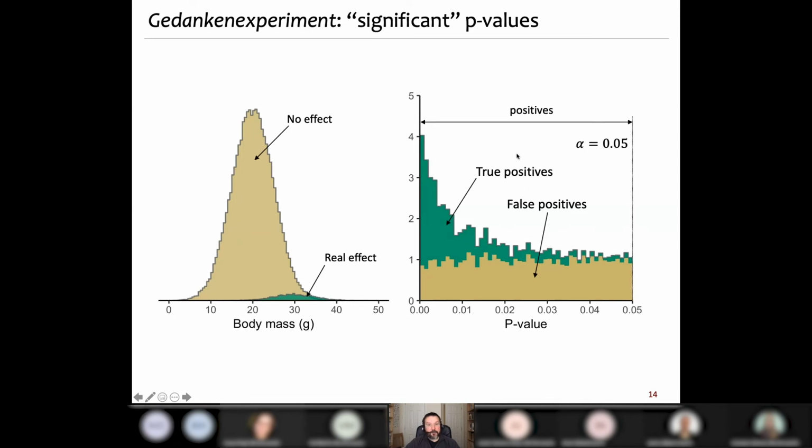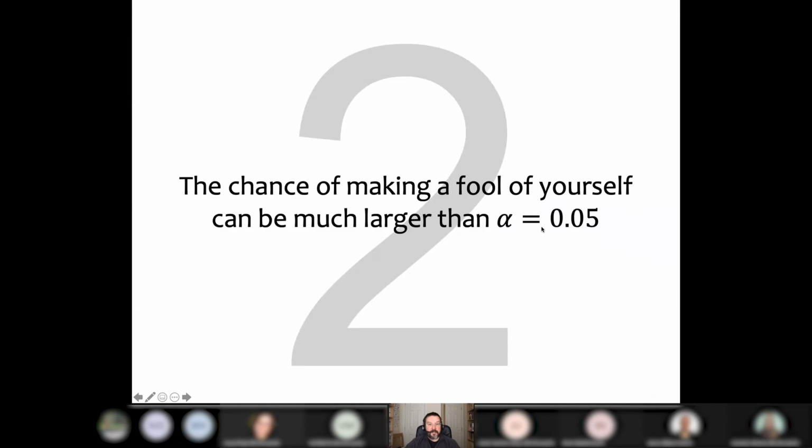These are true positives. They come from the real effect. The rest are false positives. If you calculate the false discovery rate here, it's about 63% in this case. 63% of our results are false positives. So the chance of making a fool of yourself can be much larger than your alpha of 5%.